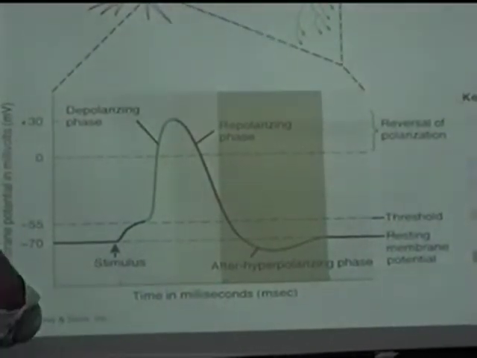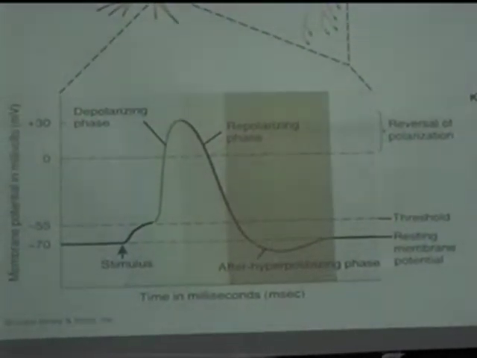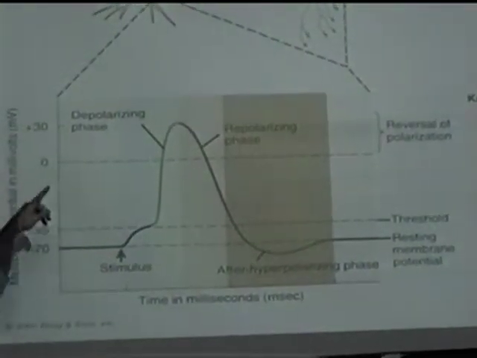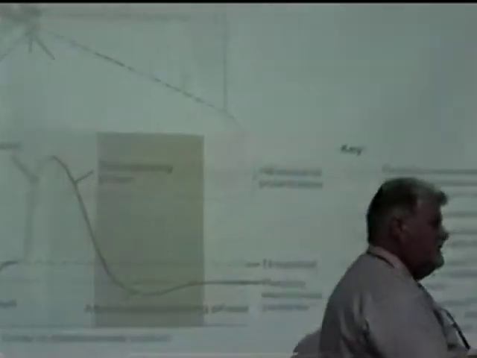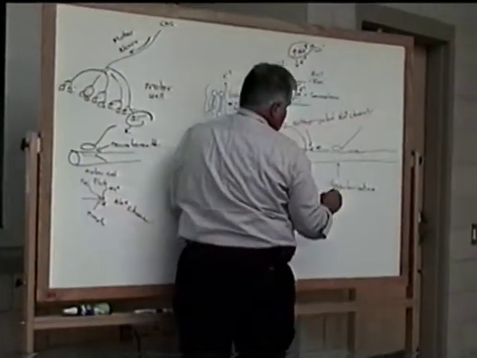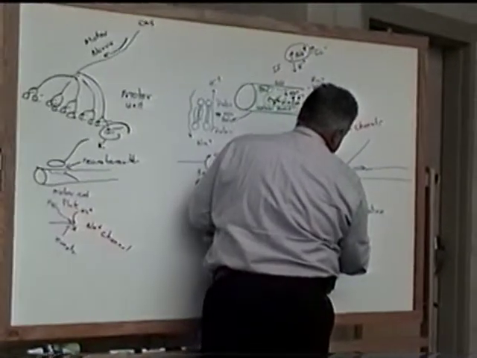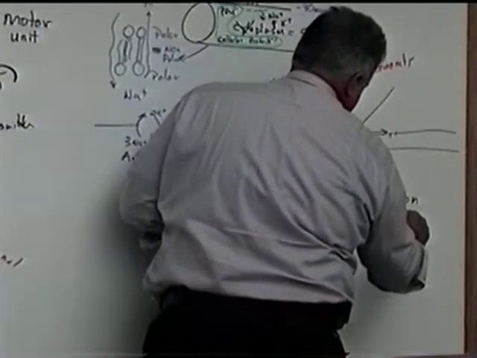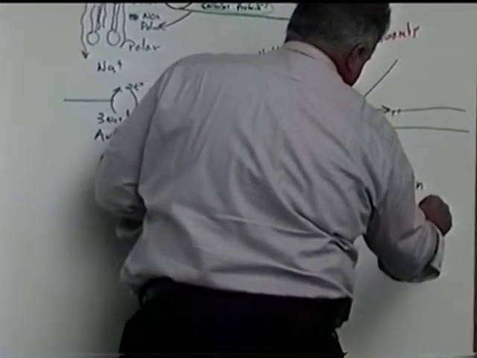And so we reach a peak of our depolarization event of plus 30. In essence, what depolarization does is change the voltage on the membrane from minus 70 millivolts to plus 30 millivolts.